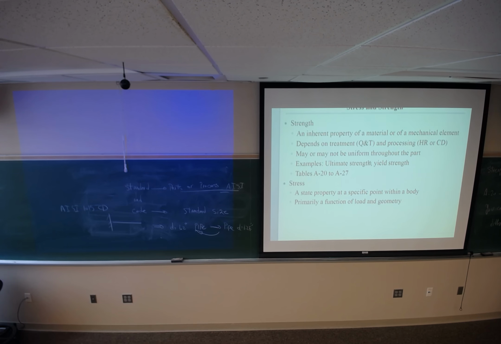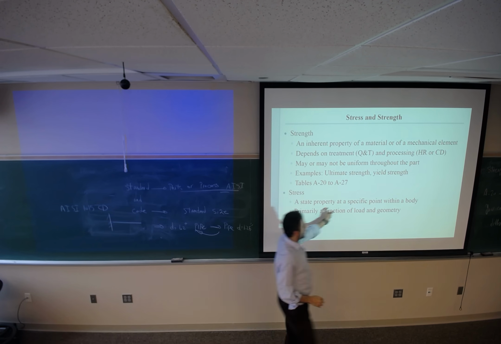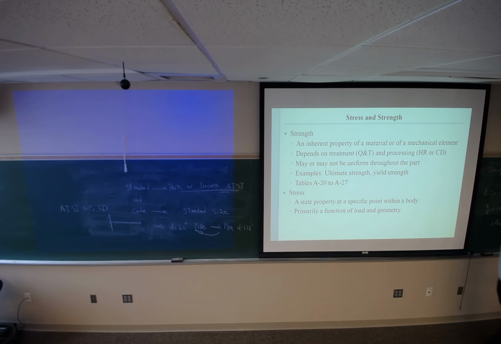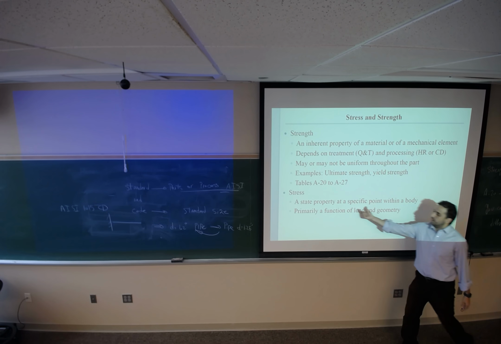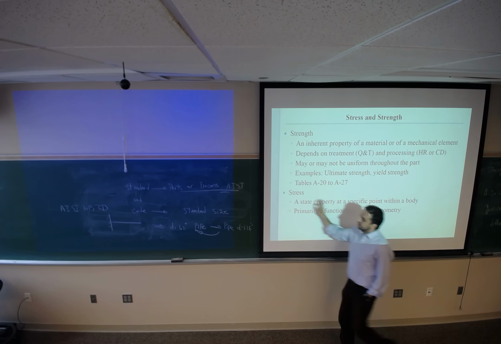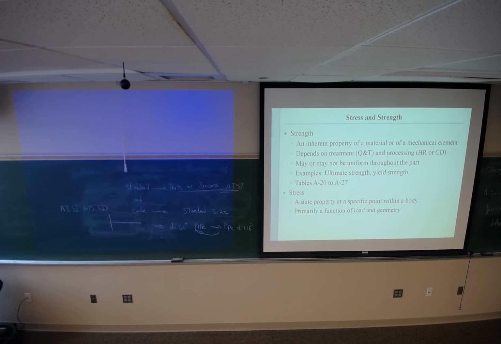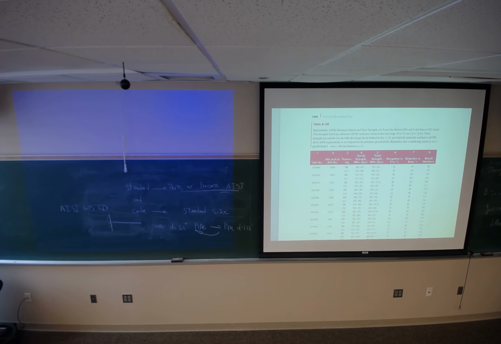That was the strength. Stress is the state property at a specified point of a body. So we define the stress for a point on a body, and it depends on the geometry of the body and the load, the magnitude of the load and the geometry of the body.